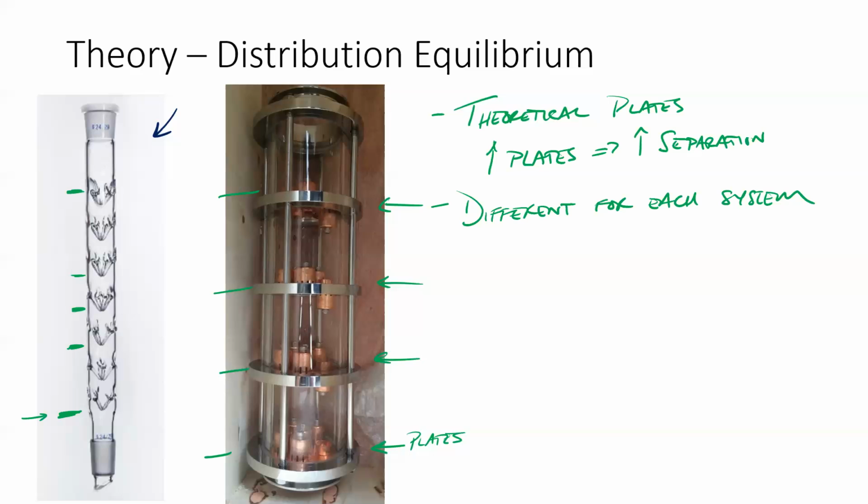And so this distribution equilibrium, KD, is this ratio between the concentration of our analyte in the mobile phase, divided by the concentration of our analyte in the stationary phase.